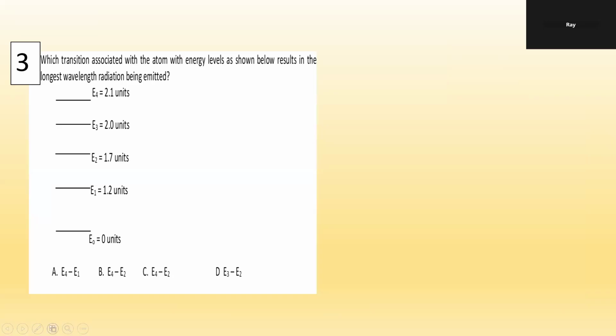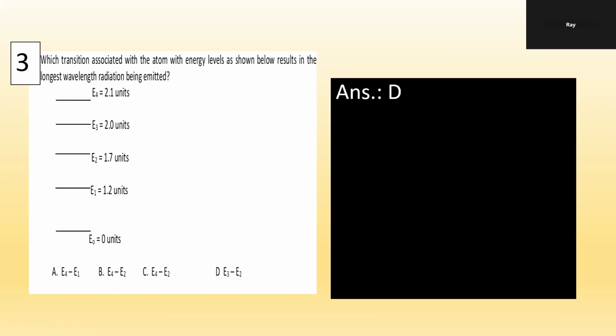Okay, which transition associated with the atom's energy levels shown below results in the longest wavelength radiation emitted? These two same answer. E4. Wait, sorry. Longest wavelength.